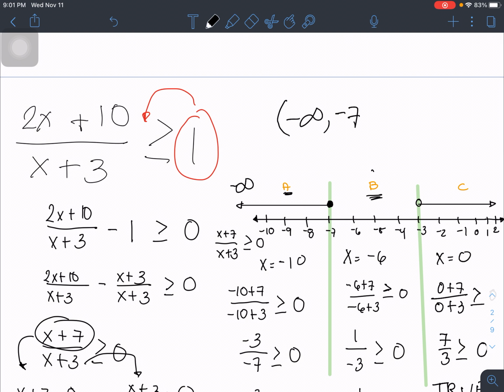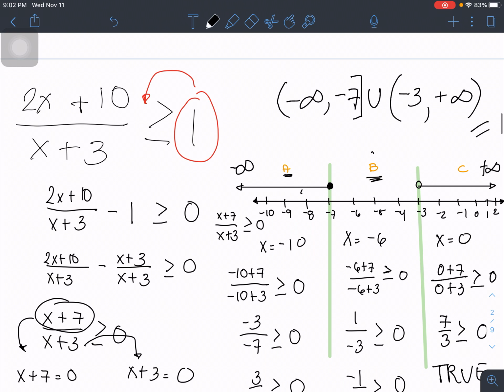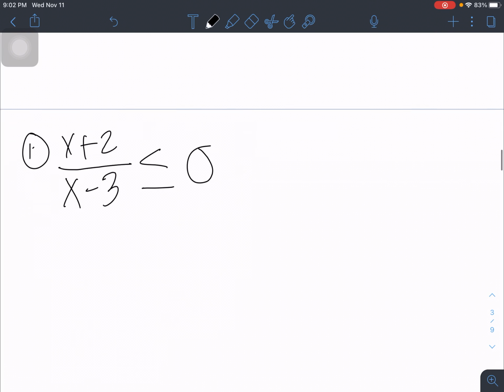Negative 7 is represented by a solid circle, so negative 7 is included, so I'll be using a bracket, union, after negative 7 from left to right will be negative 3. So negative 3, I'll be using parentheses because this is an open circle, comma, positive infinity. So I'll be using positive infinity. So this is our value of x in this inequality.